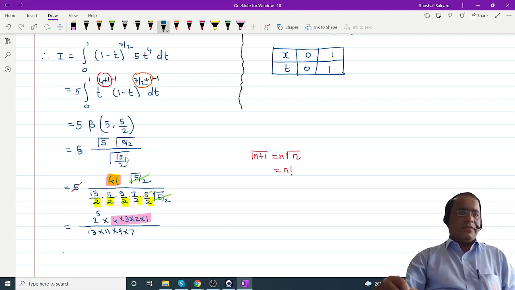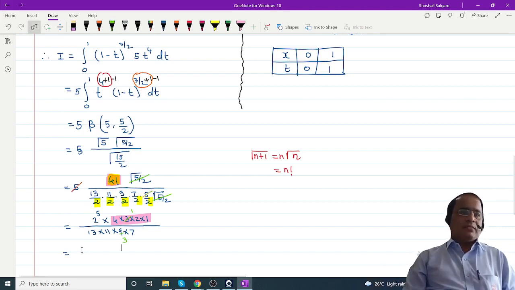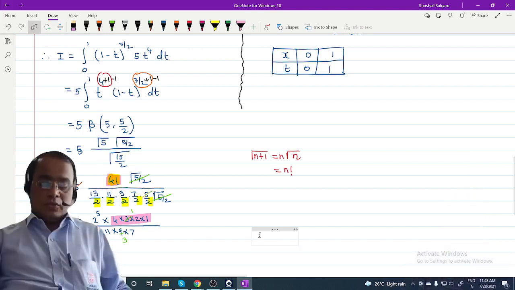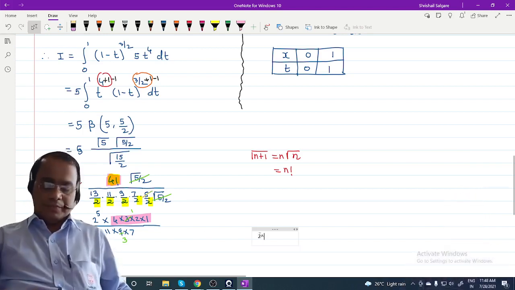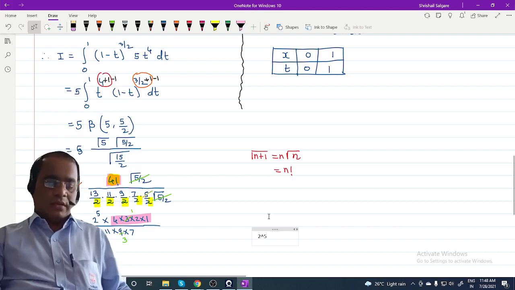So further, what simplification is possible? 3 ones are 3 and 3 threes are 9. Can anyone help me to write this term? The numerator is, if required, here I will calculate, 2 raised to 5 multiplied by 4 multiplied by 2.